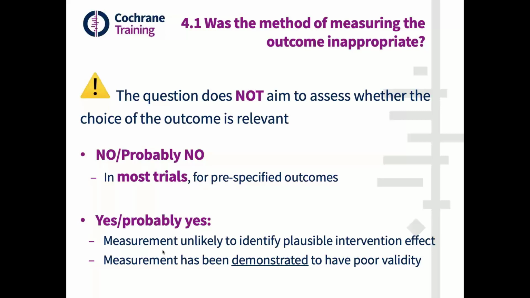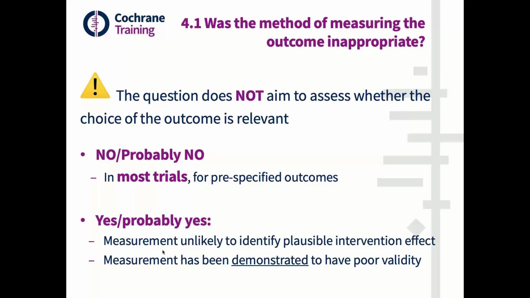Just a warning for these questions. It's really important to keep in mind that these questions do not aim to assess whether the choice of the outcome is relevant. So you're not trying to see whether it's a patient-relevant outcome or a surrogate marker. This is not what we are looking for. And overall, in most of the trials, the answer to the question will be no, probably no, at least for the pre-specified outcomes.